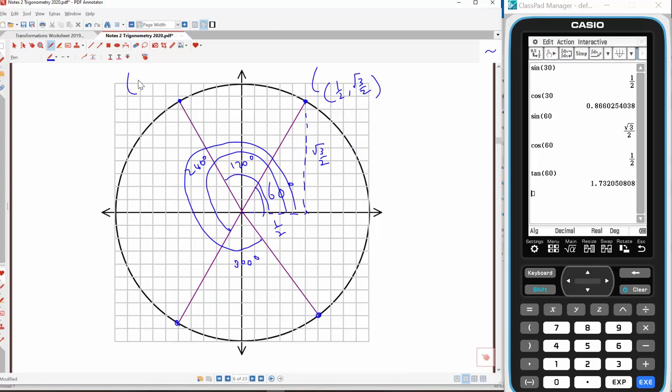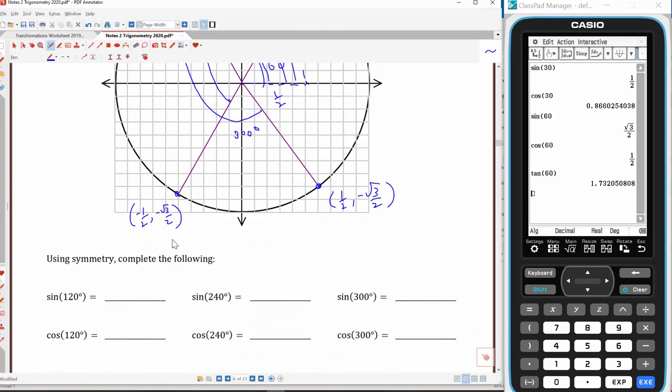So this is an x value of negative a half and a y value still of root 3 on 2, noting that cosine is negative and sine is positive there. Right down here, what we've got is negative a half, comma, negative root 3 on 2. So both of them are negative in the third quadrant. And finally, back over here, the x value becomes positive again, so that's a half. The y value is still negative.